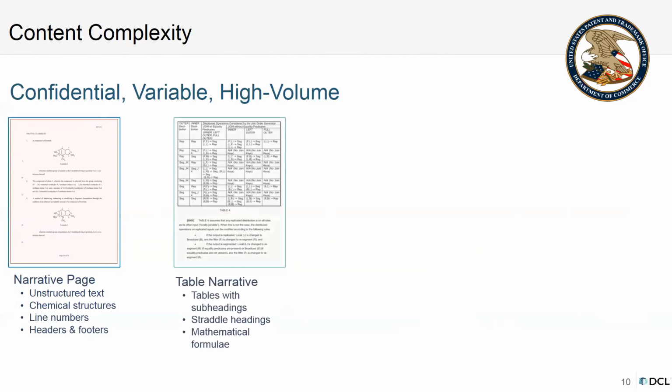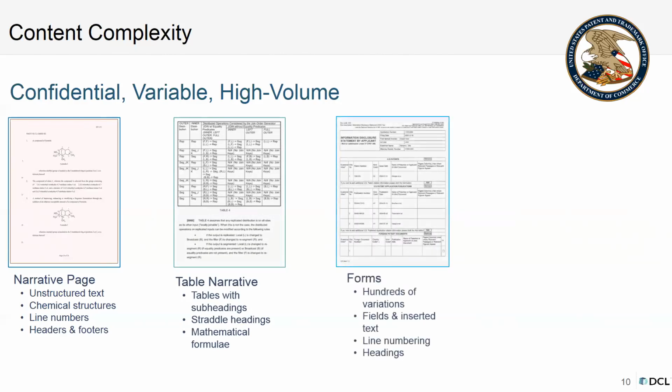There are tables. The tables can get very complex. These are not just a simple table. There's what we call straddled headings at the top. There's math inside the table. There are what look like more traditional forms, hundreds of variations of these. Forms today are not filled in. They're not sent to you and you fill them in.